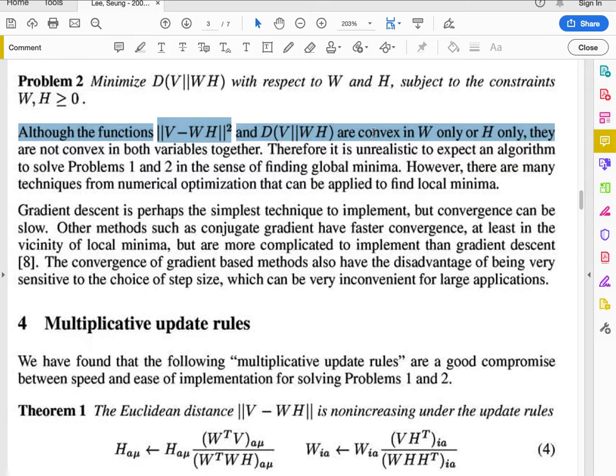What is convexity? Why do you want your functions to be convex? Yes, so if your function is convex, then your local minimum is the same as the global minimum.